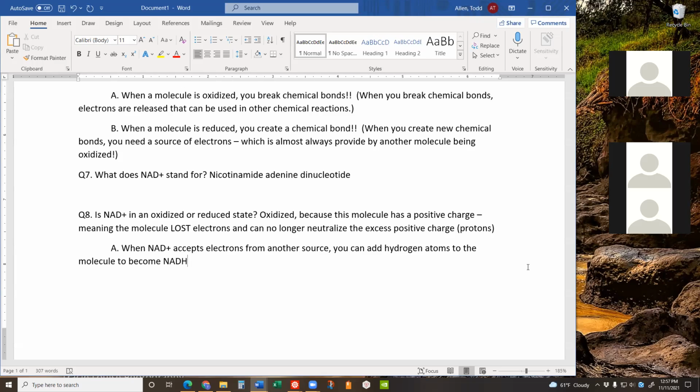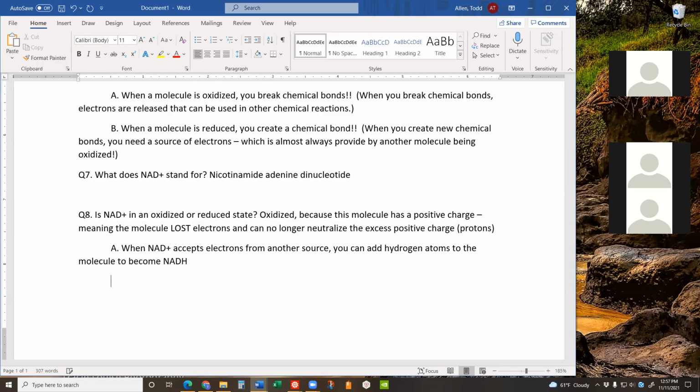So when NAD plus accepts electrons from another source, that other source could be any other molecule that just lost electrons. You can take those electrons that another molecule lost, combine them with a hydrogen ion that's floating around the environment, and glue them to NAD plus to build NADH.